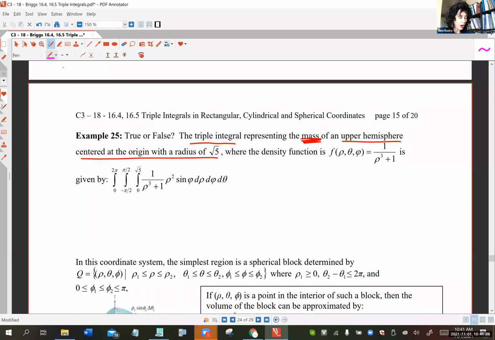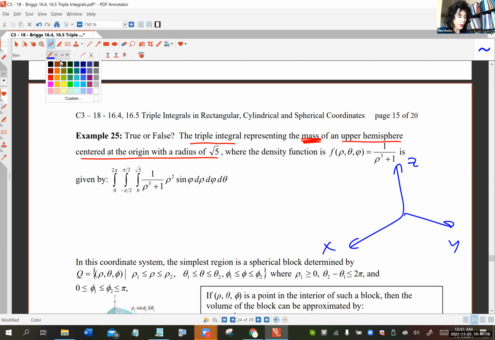If I were to draw the solid that they're integrating over for this triple integral, I'm going to try to draw a northern hemisphere, that upper hemisphere, where the radius is square root of 5.